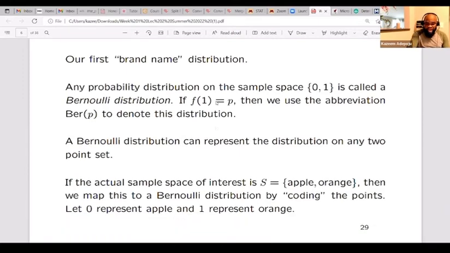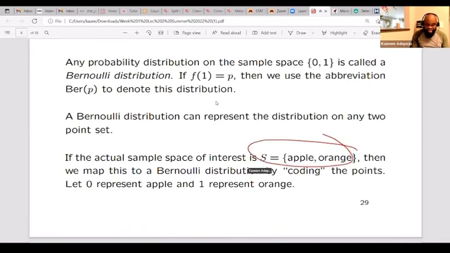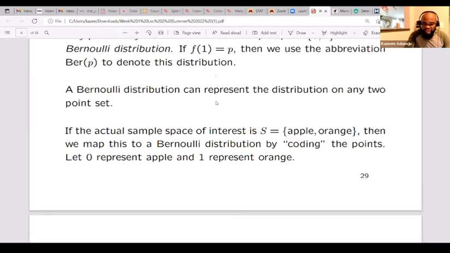I'll give an example here. Take a look at that. Say my sample space has apple and orange. We map this to the Bernoulli distribution. Why are we doing that? Because the Bernoulli distribution models experiments that have two possible outcomes. We can introduce a random variable here: let's code apple as 0 and orange as 1.